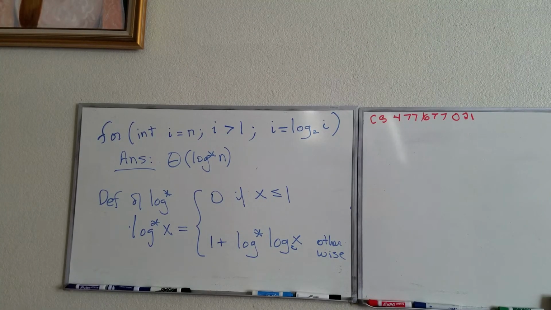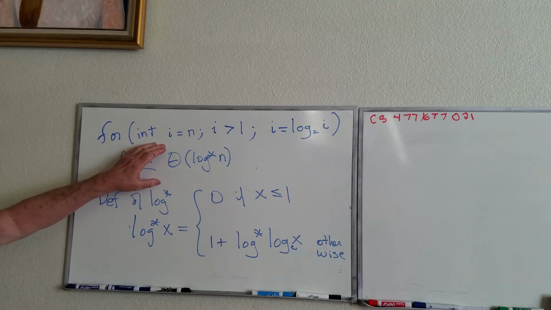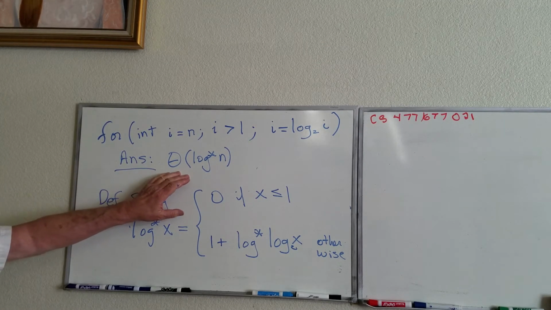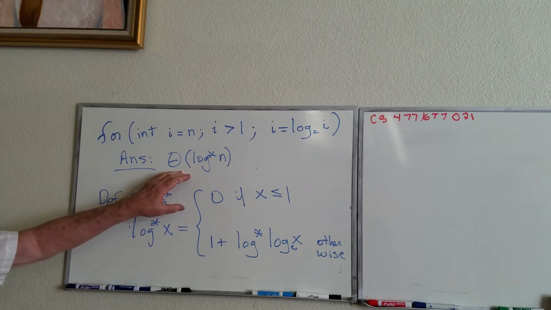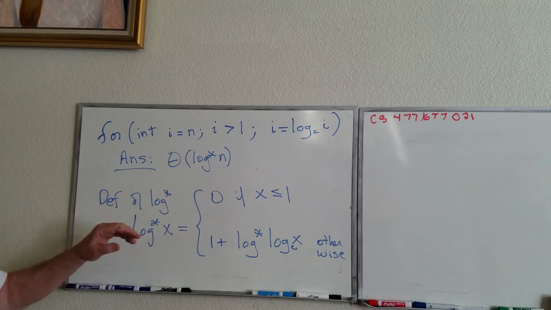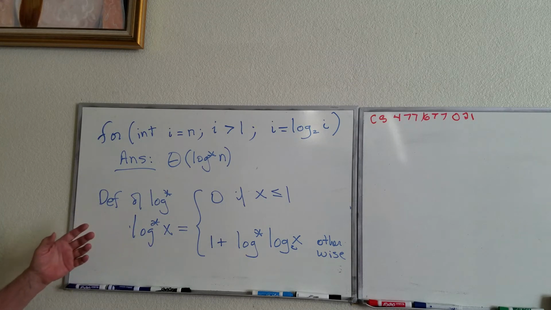Now, this next problem involves log star. I actually told you that if I use this, then the answer is log star. You should simply memorize that. However, it actually can be worked out using information you know. Let's look at the definition of log star. First of all, we're going to use log base 2.